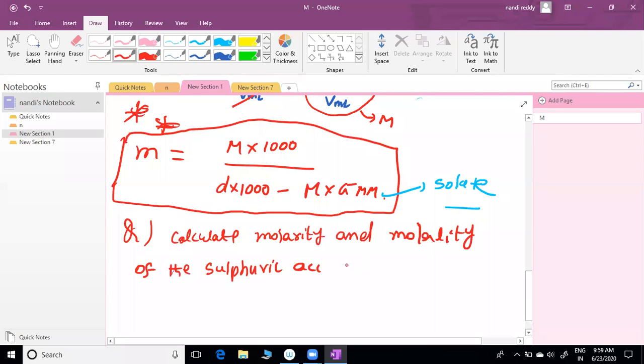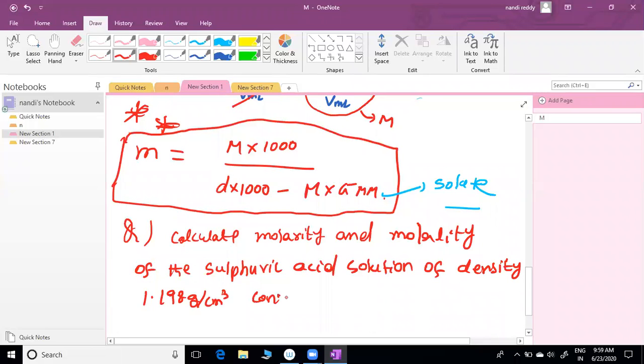Sulfuric acid solution of density 1.198 gram per centimeter cube, containing 27% by mass.